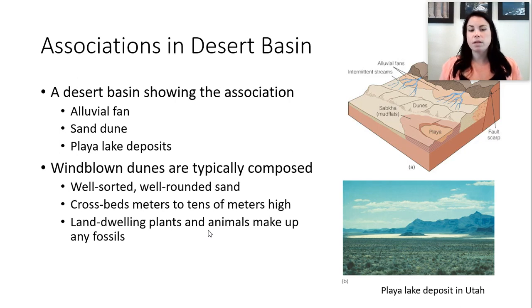Any land-dwelling plants and animals make up the fossils, so we wouldn't see any shells or corals or anything like that. Most of the fossils that we see are land-dwelling. Here's an example of a playa lake deposit in Utah. You can see in the distance here some sand that doesn't look like it may belong.